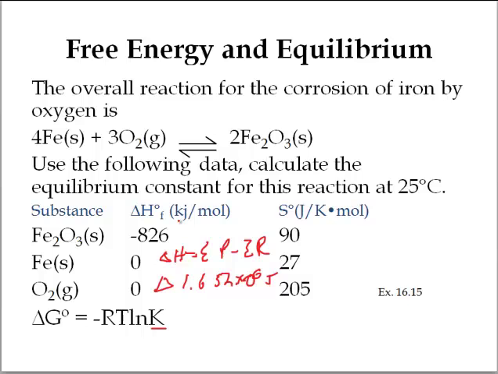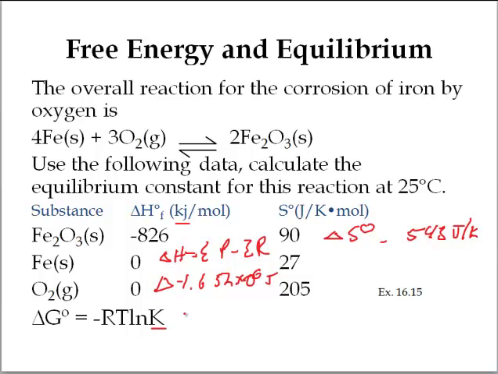I did get it in kilojoules, but I went ahead and converted it to joules. Then when I work out the delta S at the standard conditions, I get a value of negative 543 joules per Kelvin. Oh, and I should mention this value over here is negative at the same time.